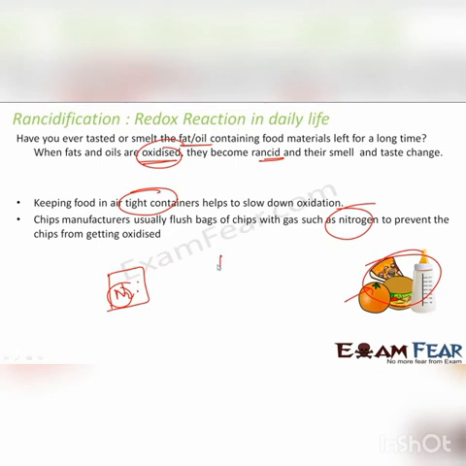If you see the pickle we have in homes, right? That is dipped in oil. Why? Because if it is in oil, it won't get contact with oxygen. If it doesn't get contact with oxygen, it won't become rancid and it won't get spoiled. So that's one way to prevent these things from becoming rancid.